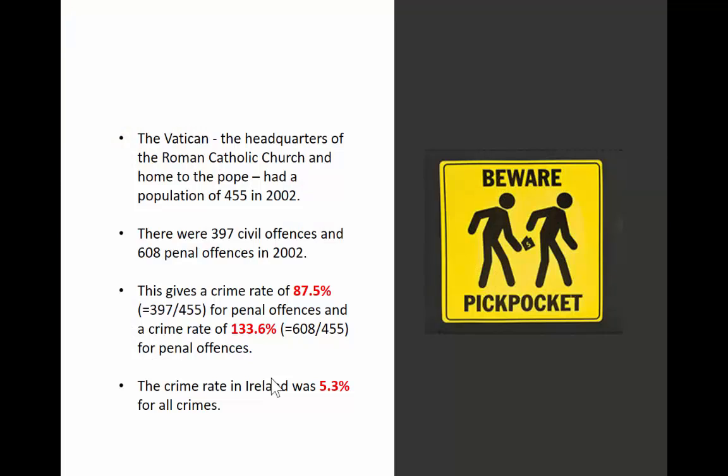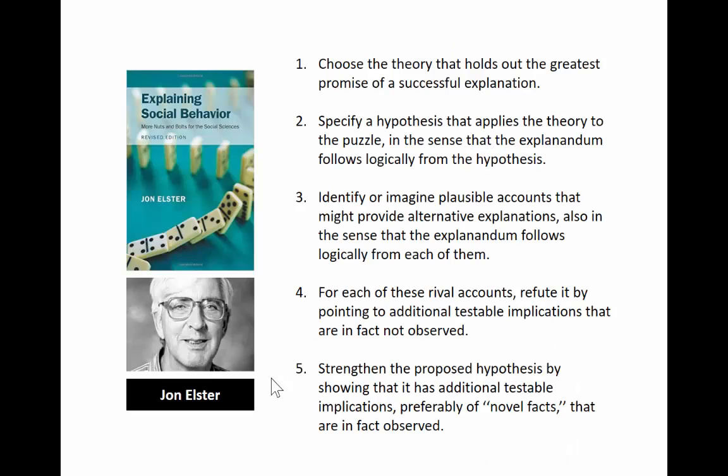I can take this apart very easily. The Vatican, with the Pope and all those guys, has a population of 455 people. Now, there were almost 400 offenses, which gives you a crime rate of almost 133%. In Ireland, the crime rate is 5.3.